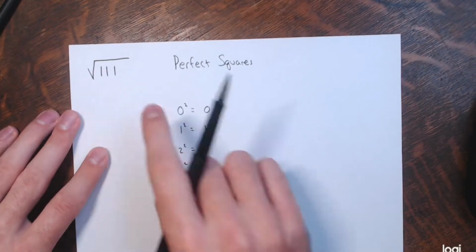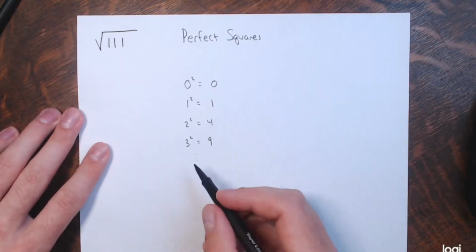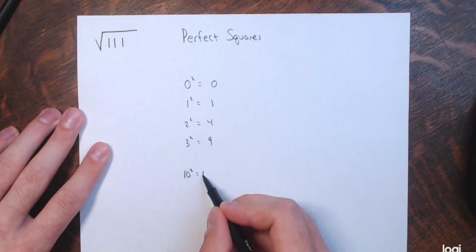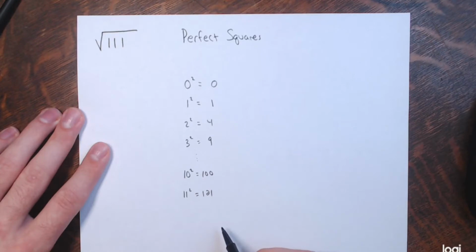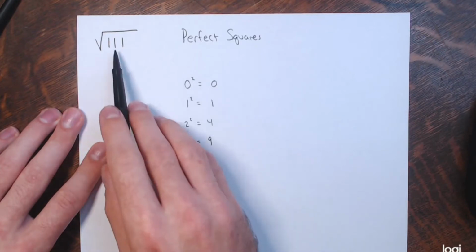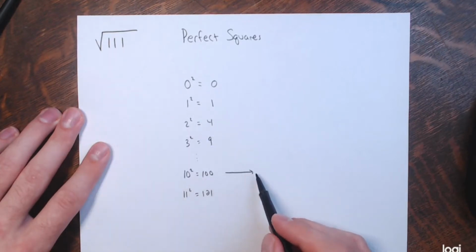And you go till you get to just over 111. 10 squared is 100. 11 squared is 121. And 111 is between these.